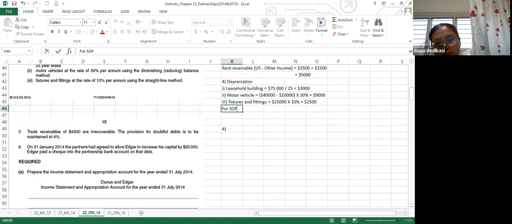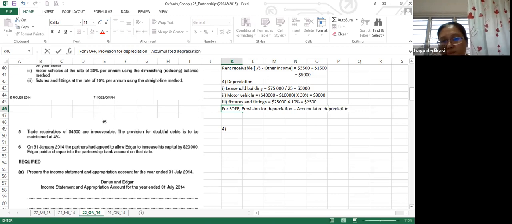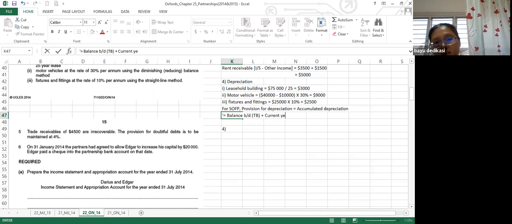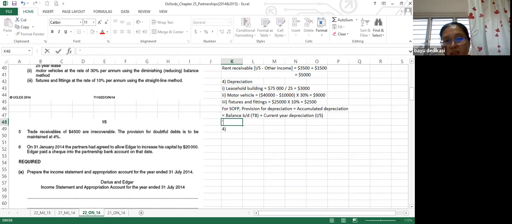For SOFP, provision for depreciation, which is your accumulated depreciation, you have to take the balance brought down in your trial balance plus your current year depreciation, which is from your income statement, to get your total equal to your balance carry down.